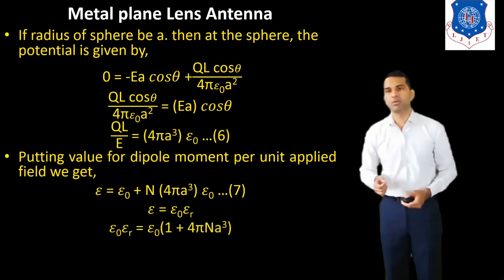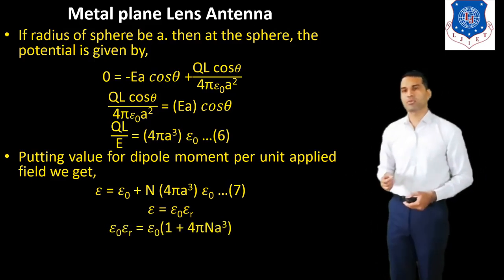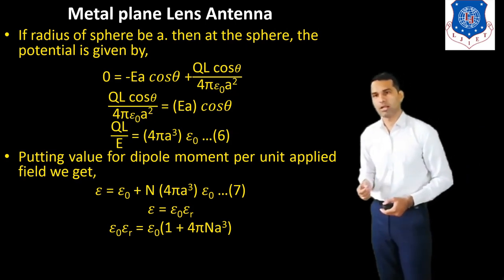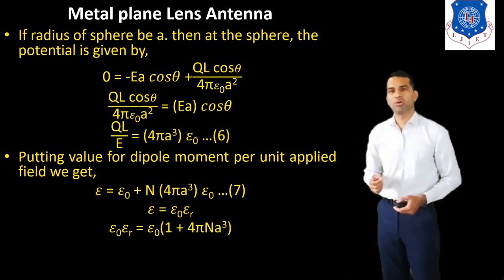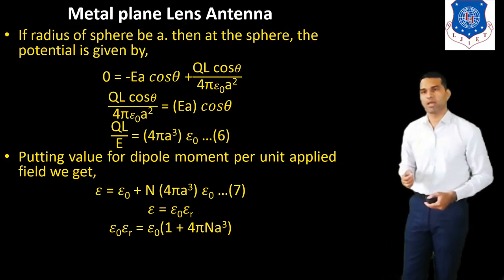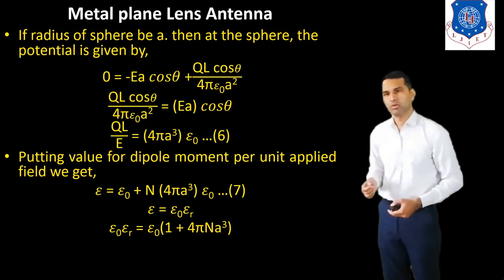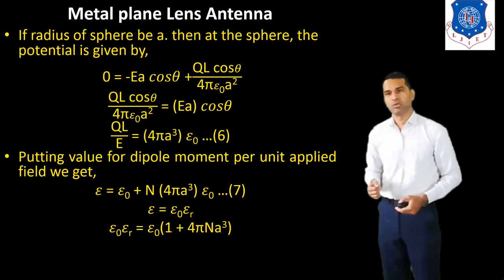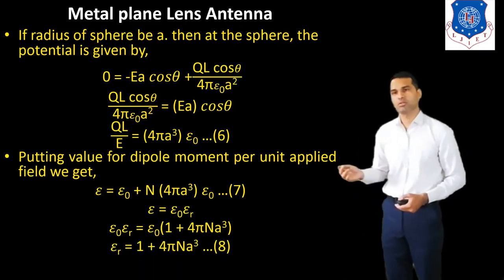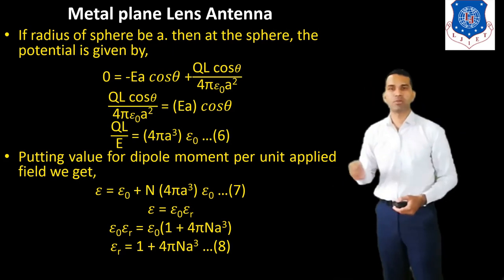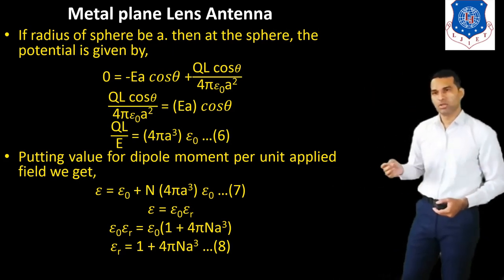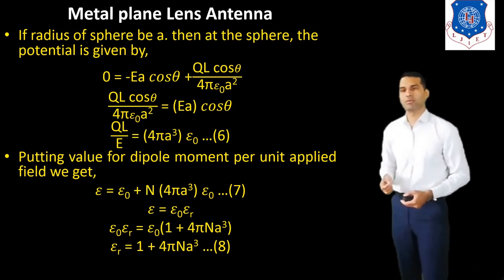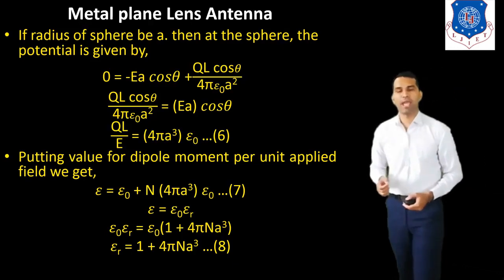So instead of epsilon, we put epsilon 0 into epsilon r is equal to epsilon 0 into 1 plus 4 pi n a cube. We have taken epsilon 0 common from the right hand side term. So epsilon 0 on the left hand side and epsilon 0 on the right hand side cancel. So we get epsilon r is equal to 1 plus 4 pi n a cube.